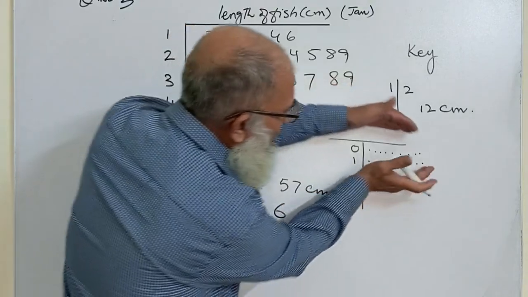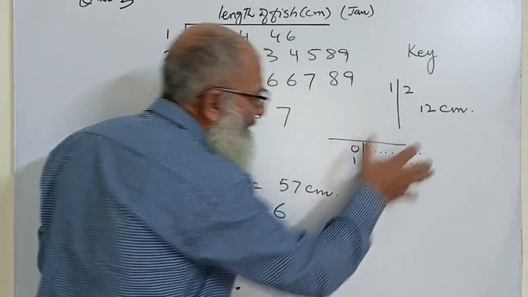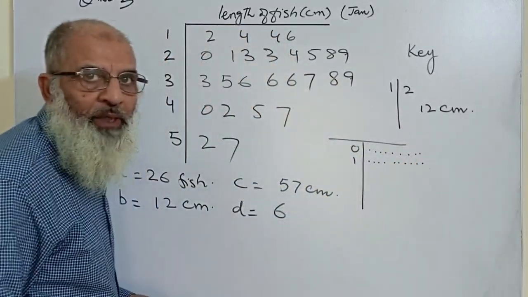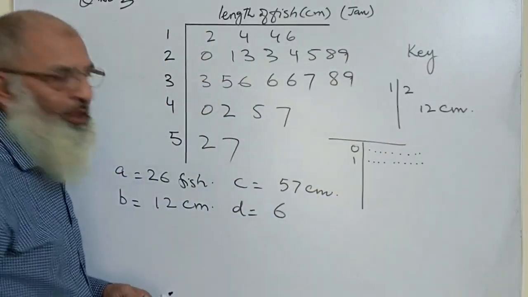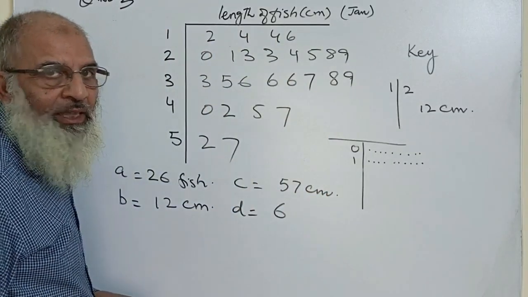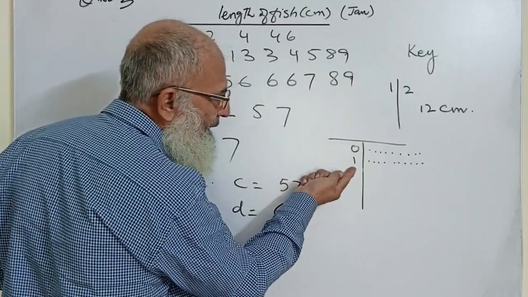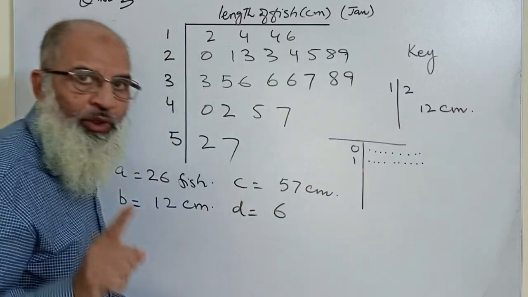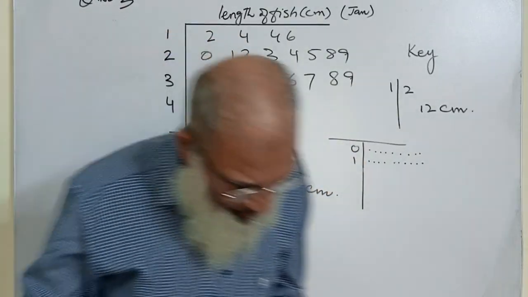It will be more clustered at the top of the table because the fish is not growing properly and not gaining the length, not gaining the weight. So it means the pollution level has increased. Since the pollution level has increased, our number has decreased from 1 to 0 lengthwise, and weight wise also.